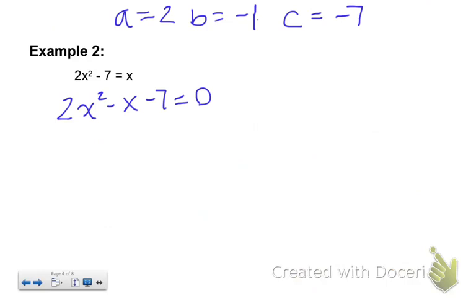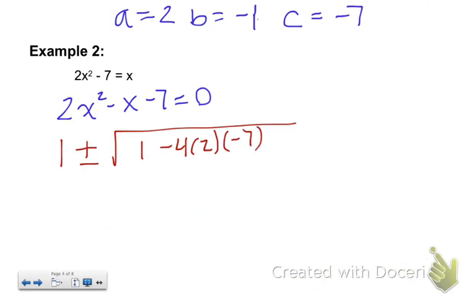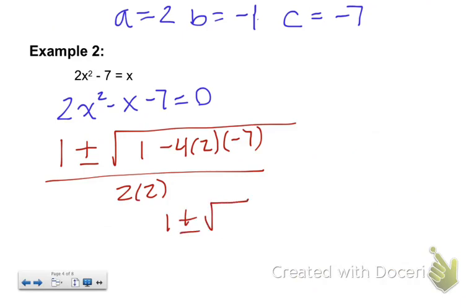So this time when I'm plugging it into the formula, I have negative b, well, a negative 1 becomes positive 1, plus or minus the square root of negative 1 squared is just positive 1, minus 4 times 2 times negative 7, all over 2 times 2. So negative 4 times 2 is negative 8 times negative 7 is positive 56. So I have 1 plus 56, which becomes 1 plus or minus square root of 57 all over 4.